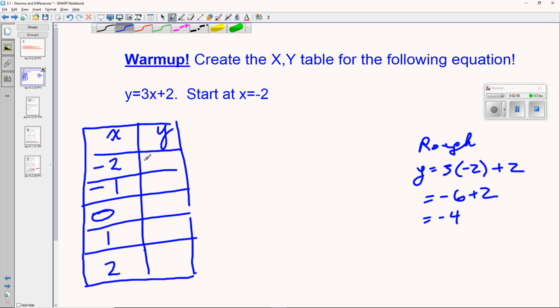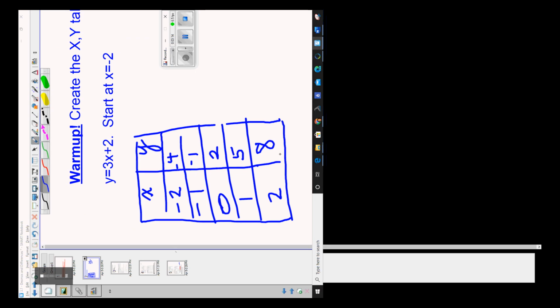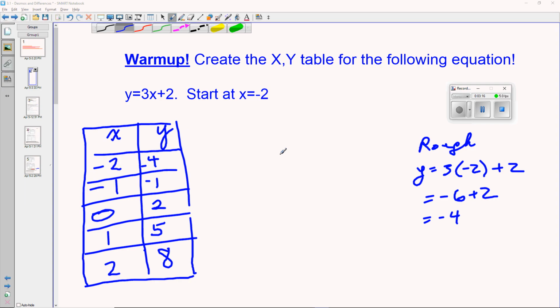So in our chart we put -4. Then you do the same thing again for each of these values, and you get this.